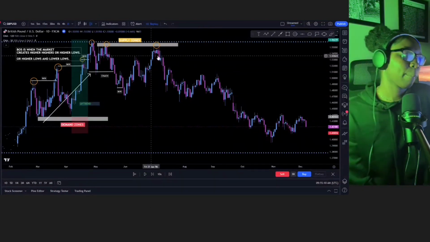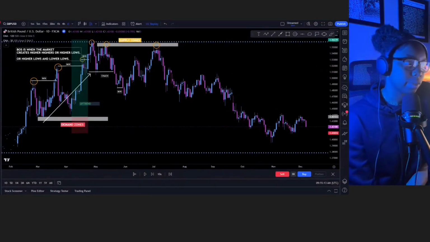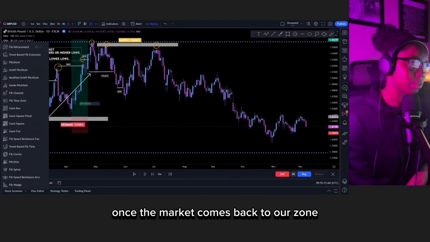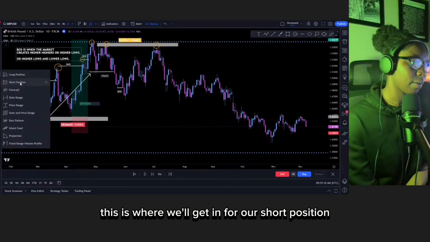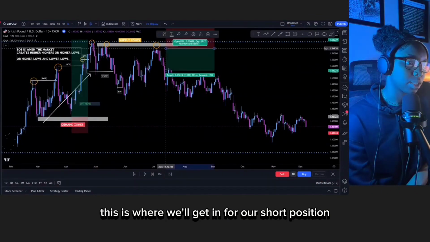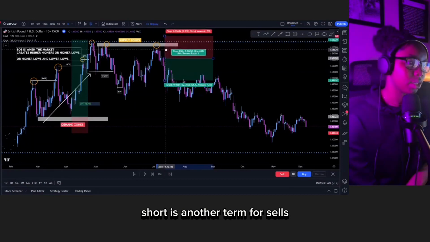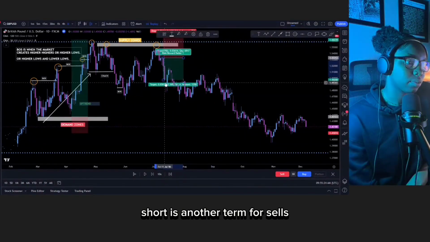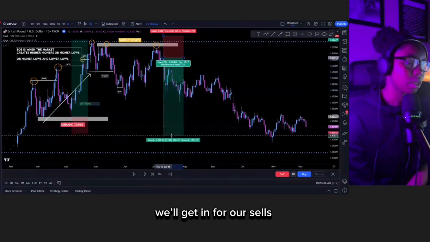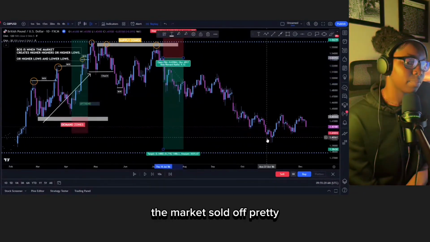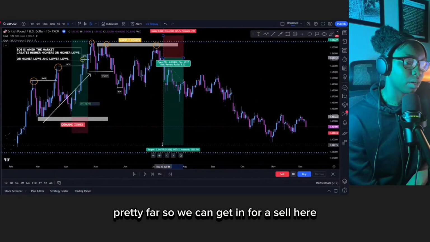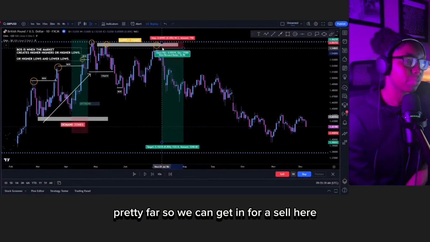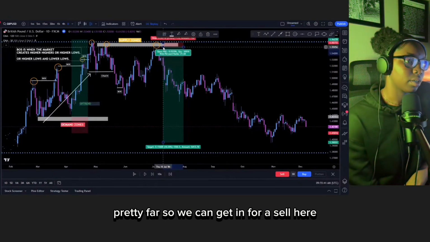And once the market comes back to our zone, this is where we'll get in for our short position. Short is another term for sells. We'll get in for sells. And as you can see, the market sold off pretty far. So we can get in for a sell here.